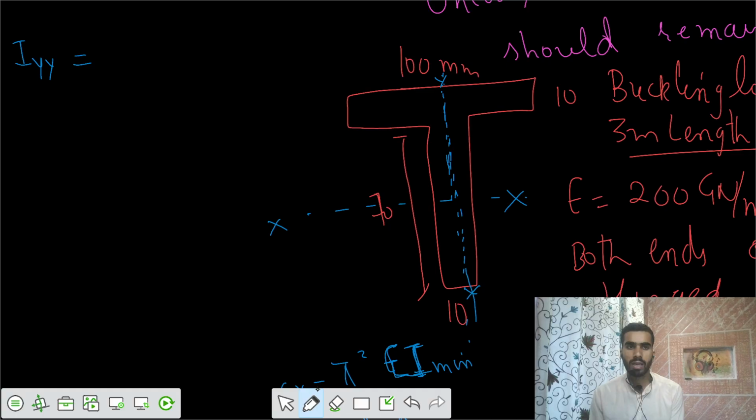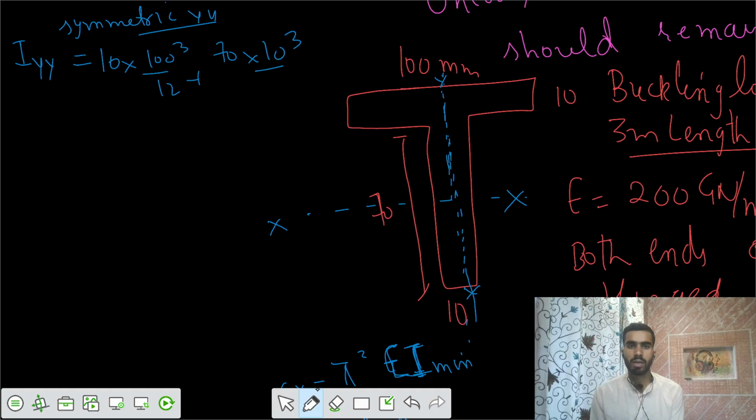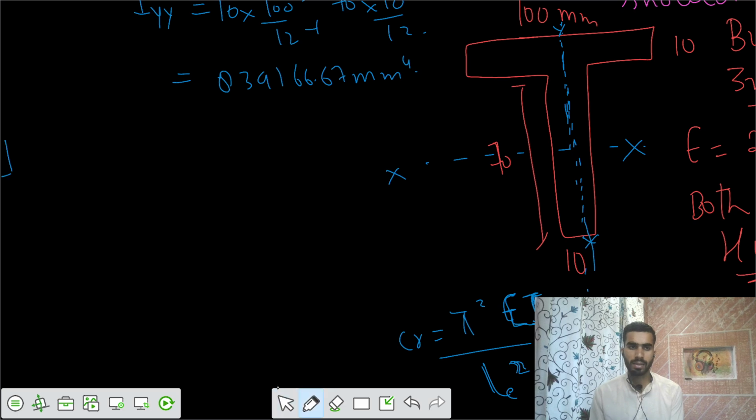Iyy of this section, because it is symmetric about yy, can be calculated directly for these two rectangles: 10 times 100 cubed by 12 plus 70 times 10 cubed by 12. So this Iyy equals 839166.67 mm to the power 4. Now if I want to calculate Ixx, we have some centroid of area.